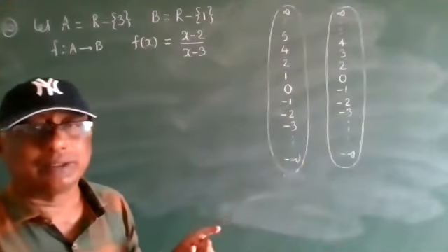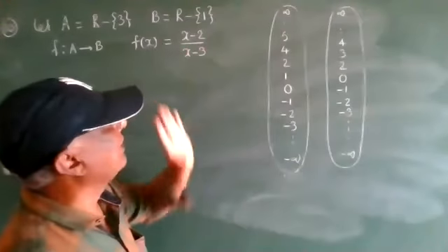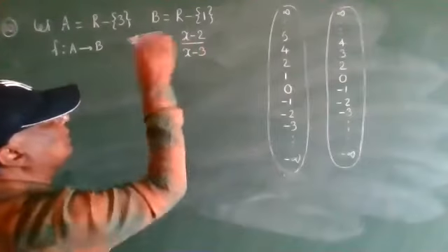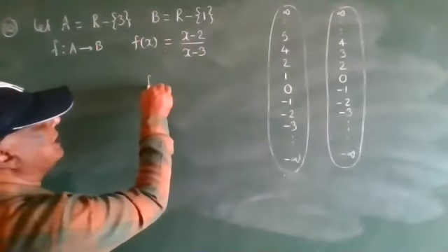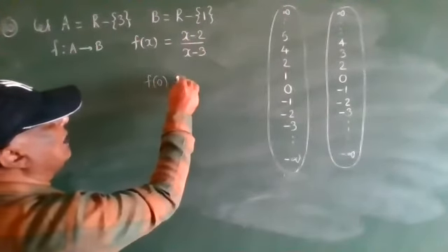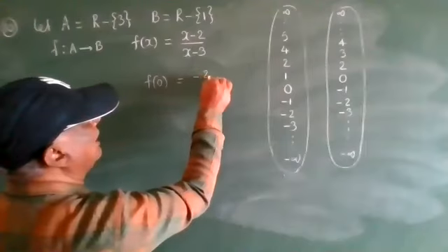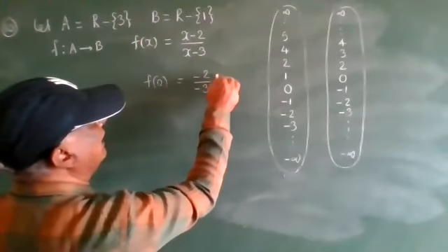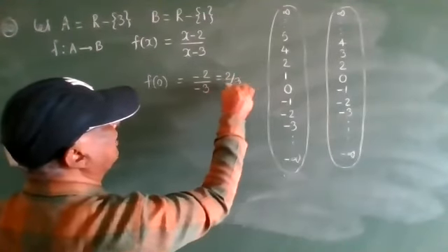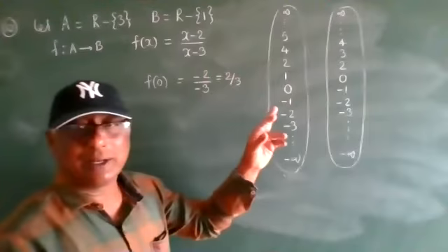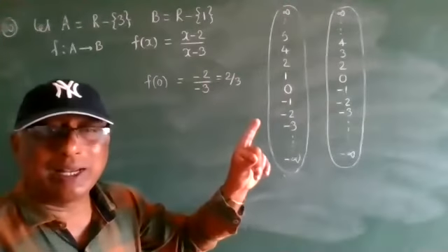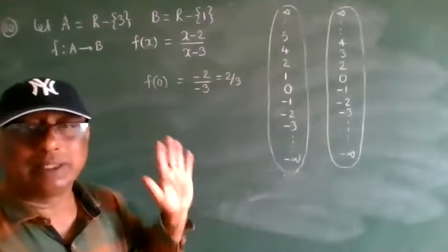Okay? Right. What they are asking: f of x is given. First, I will put 0. X place is 0, so what value can we get? Minus 2 by minus 3, that is 2 by 3, a fraction. 0 has one image, that is 2 by 3.